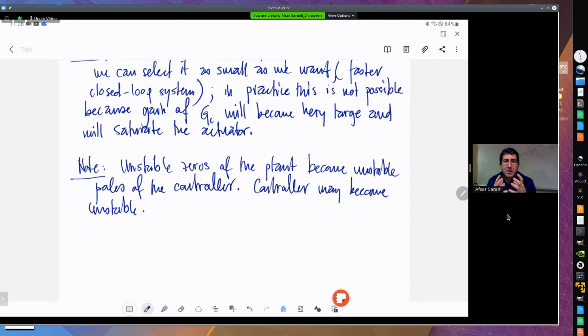Some states will become very large. That's going to eventually burn something, blow something up, and the system will fail. But the interesting concept is that you will not see this at the output. Why? Because if you calculate the overall transfer function, it appears stable. Okay? Do you guys follow my discussion?